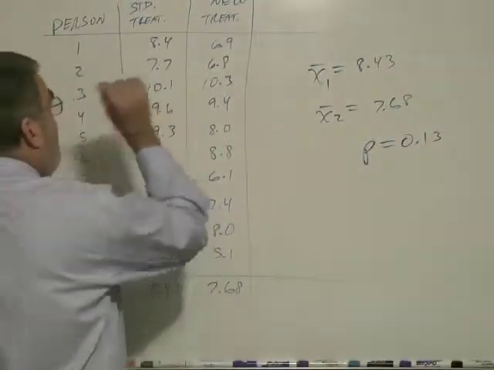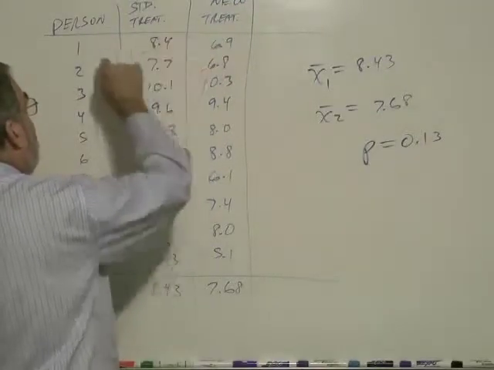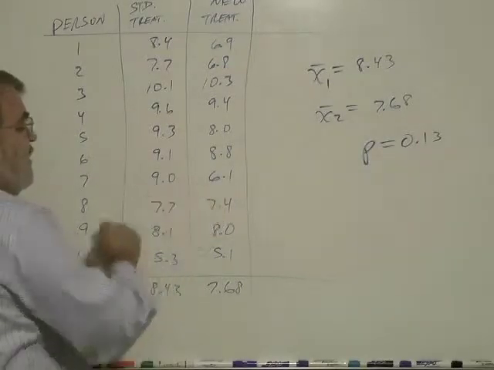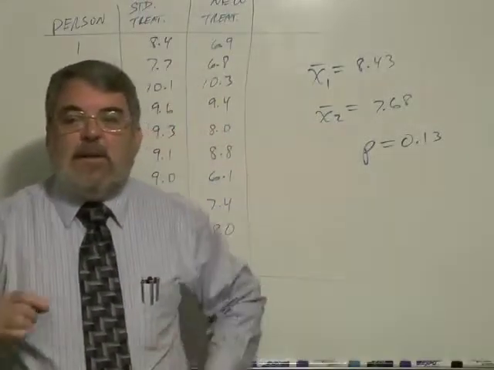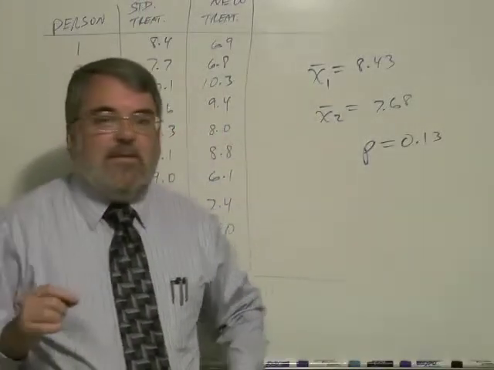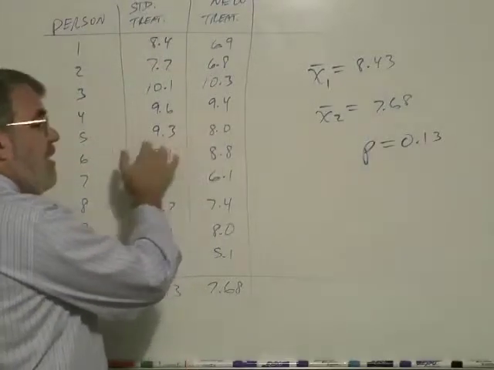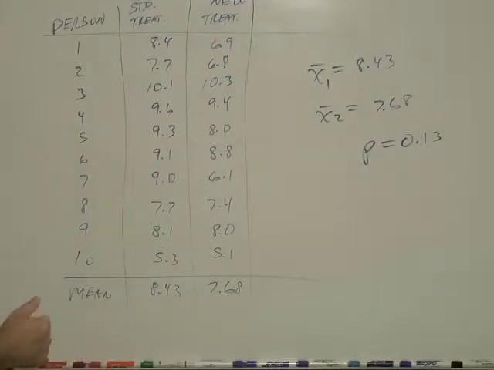But here, if we look at this differently, we say, well wait a minute, these two numbers are dependent upon the person. You know, this person here jumped from 9.0 to 6.1. And so another way of looking at this is looking at it as if this data is dependent. In other words, if one variable depends upon another, or depends upon the specific sample.